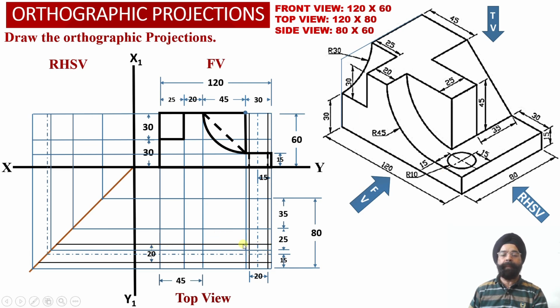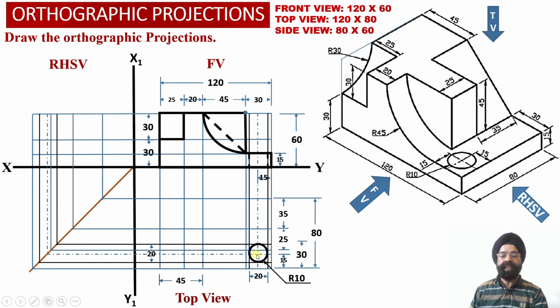Therefore, two horizontal black projector lines we have been able to mark separated by a distance of 20 millimeter corresponding to the diameter of the circular slot into the top view projections, and these two black horizontal projector lines corresponding to the circular cross section we have appropriately transferred into the right hand side view projections as well.